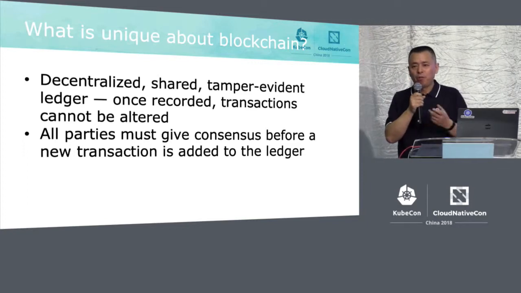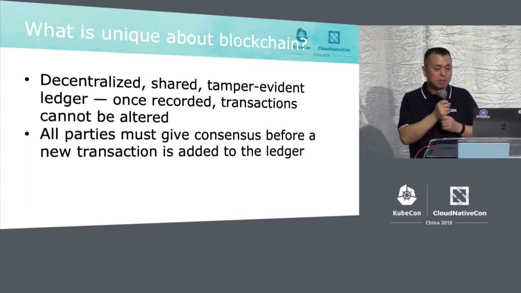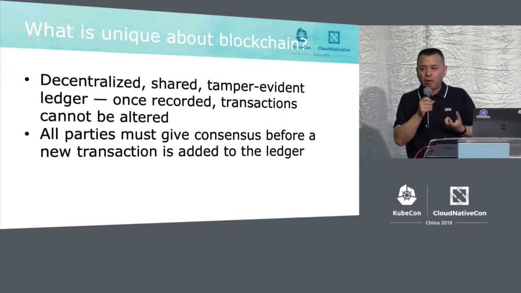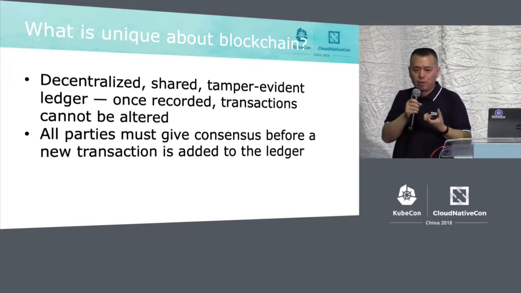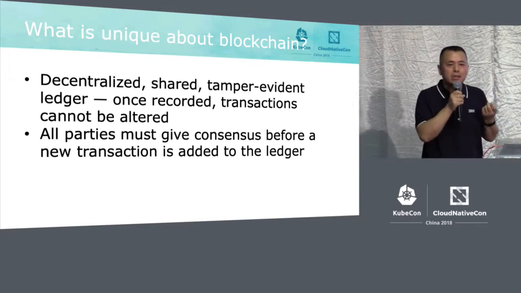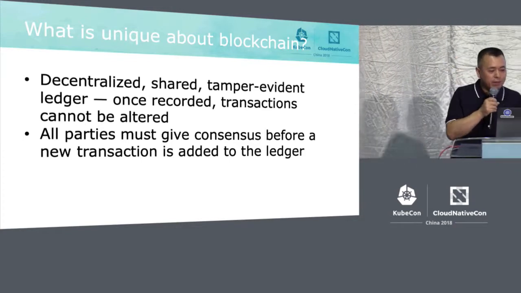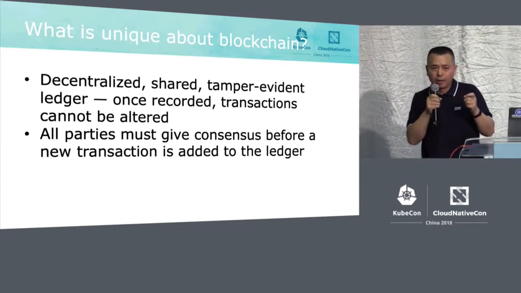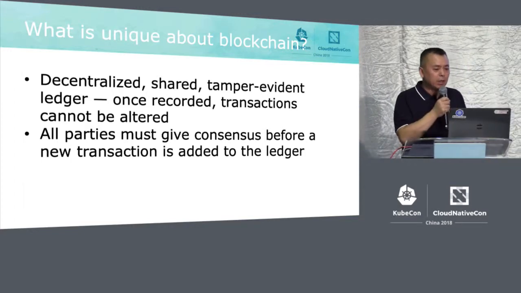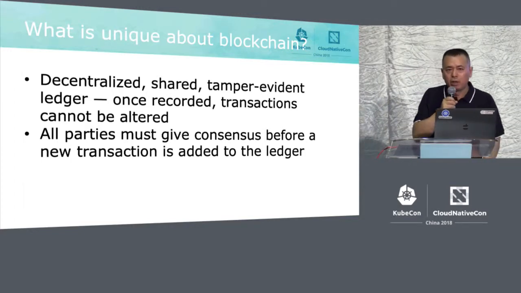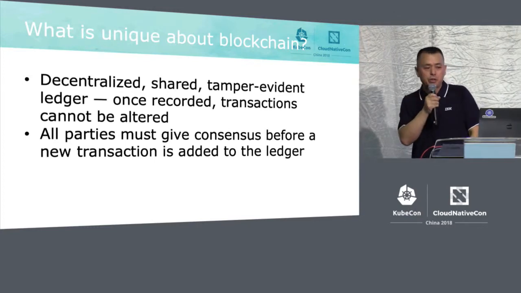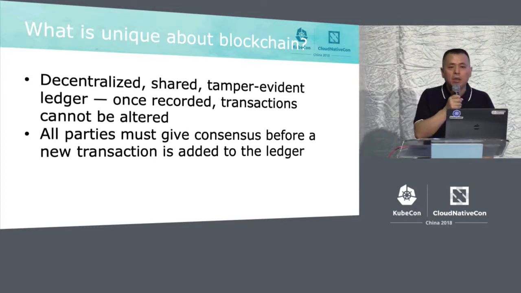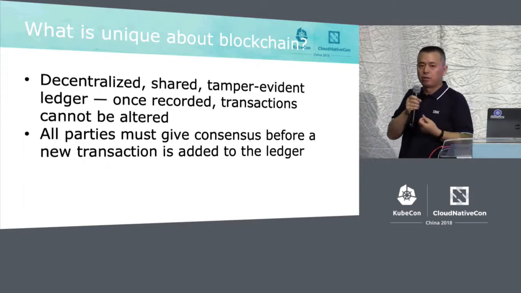If you know blockchain systems, you pretty much know that all blockchain systems are supposed to be decentralized. Decentralized doesn't mean distributed; there is a difference there. The ledgers are shared. Anything recorded on the ledger is supposed to be tamper evident, so if some errors are recorded, they should be very easy to find.